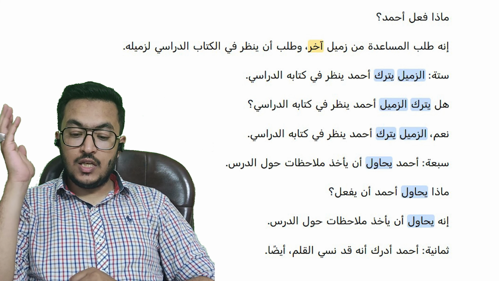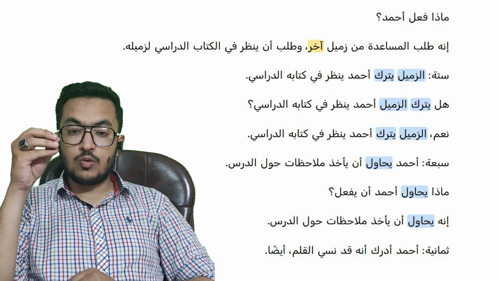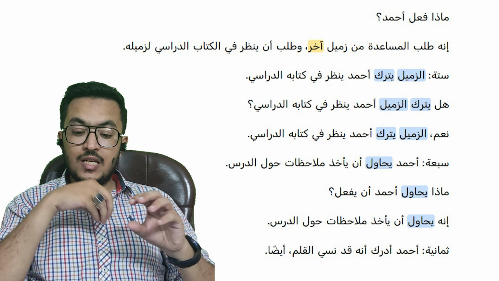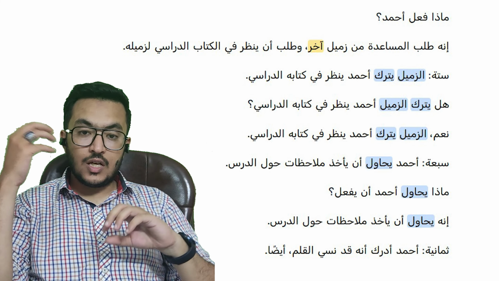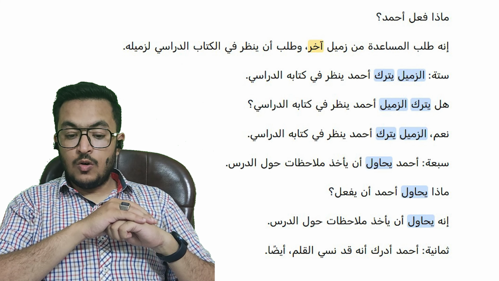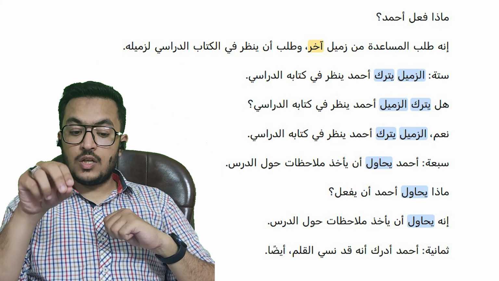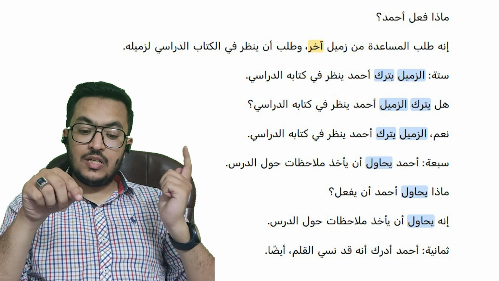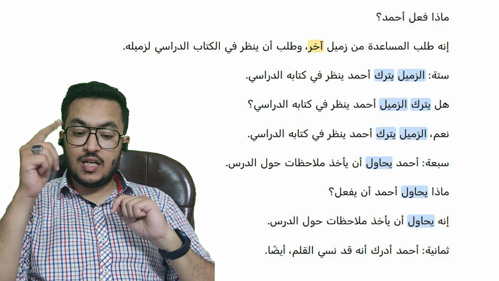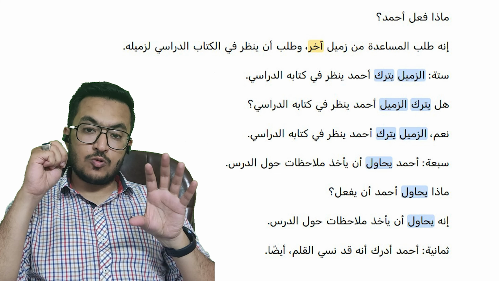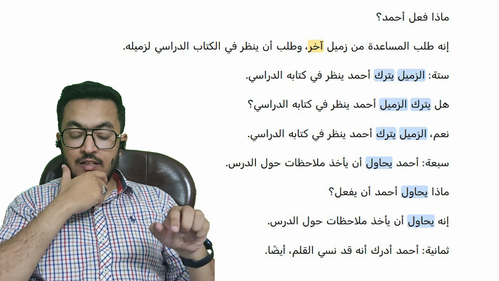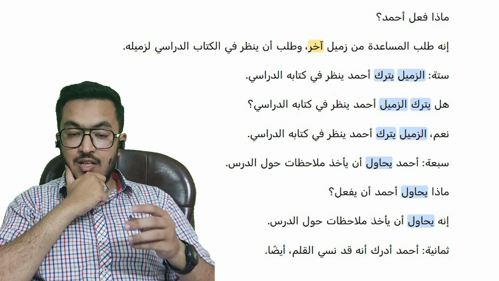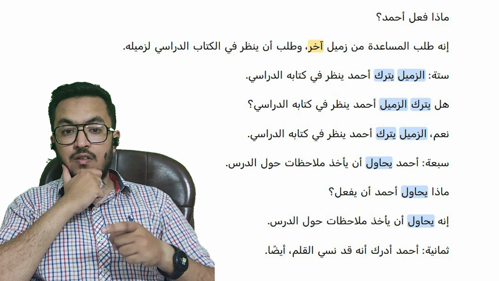So طلب, he asked, المساعدة, for help, من زميل آخر, from another colleague. وطلب, and he asked, أن ينظر, to look, في الكتاب الدراسي, at the book of lesson, لزميله, of his colleague.